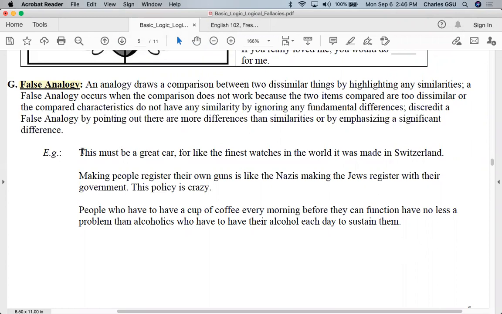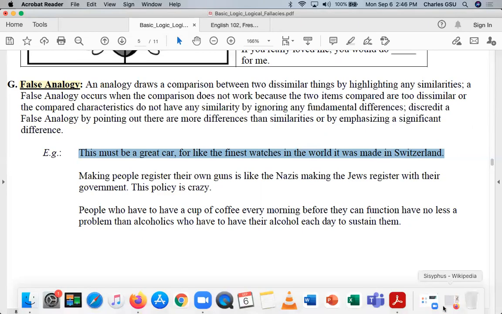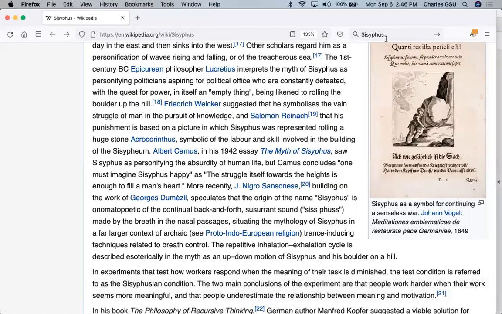So here's an example. This must be a great car, for like the finest watches in the world are made in Switzerland. Well, that doesn't quite work, because it is true that Switzerland is known for its fine watches, or what we call chronometers.